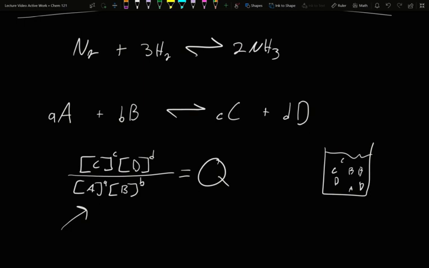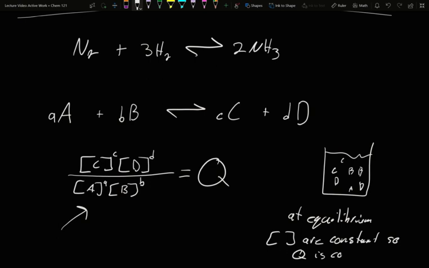As long as our starting materials' and products' concentrations are altering, Q will alter. If you ever reach a point where your concentrations no longer change, then Q will no longer change. This happens at equilibrium. At equilibrium, concentrations are constant, so Q is constant.